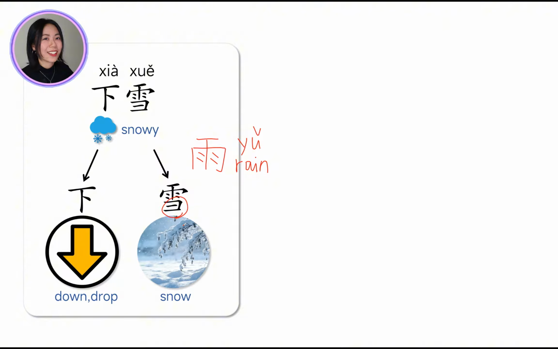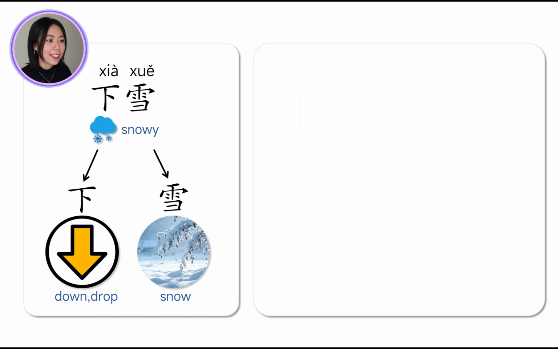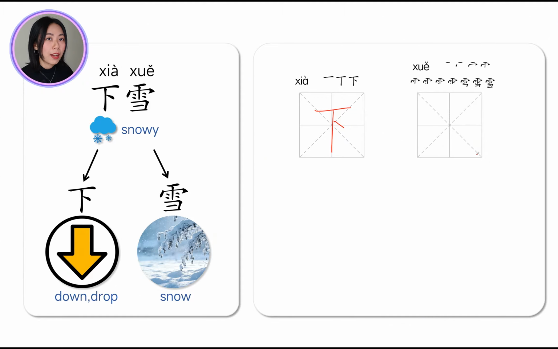Snow is kind of like an ice form of rain, right? If the rain drop, it go right into the ground and disappear. But the snow is different. The snow will stay on the ground. Okay, now let's try to write in the 田字格。下一二三下。雪 is a top-bottom structure.